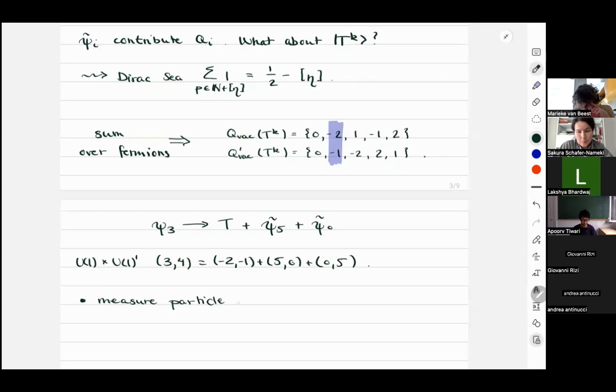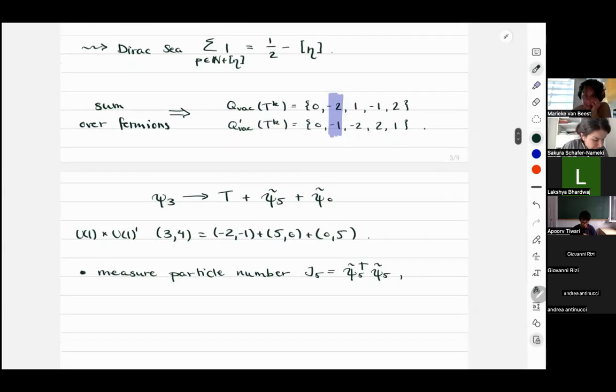The species number. Like we want to measure a current like this. Then that is indeed going to be fractional.